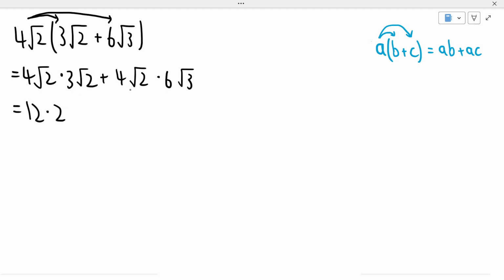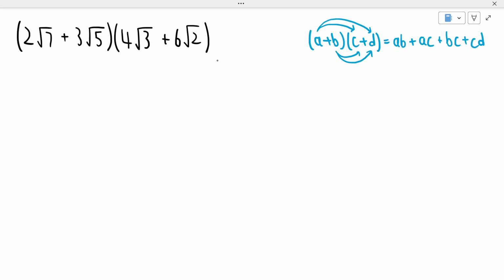Now in the second term, 4 times 6 is equal to 24, so we need to write a plus 24, and then the square root of 2 times the square root of 3 is equal to the square root of 6. So now we can simplify this further, because 12 times 2 in the first term is equal to 24, and the plus 24 square root 6 stays the same. So this means our final answer is just 24 plus 24 square root 6.